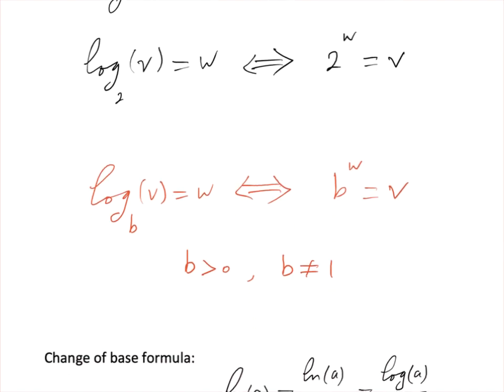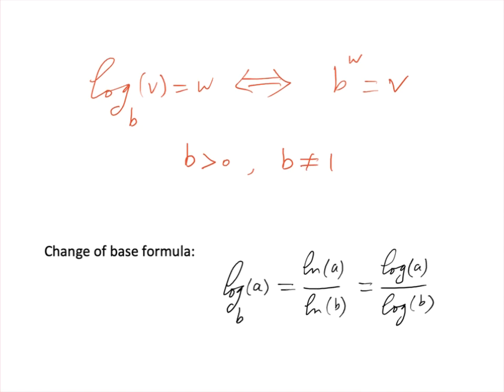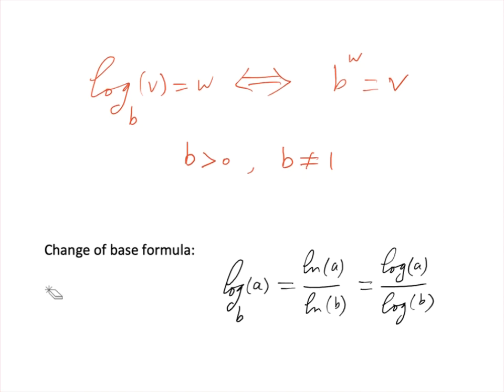Let's look at a property called the change of base formula. Any log of any argument in any base can be written as a ratio of two logs with the same base.